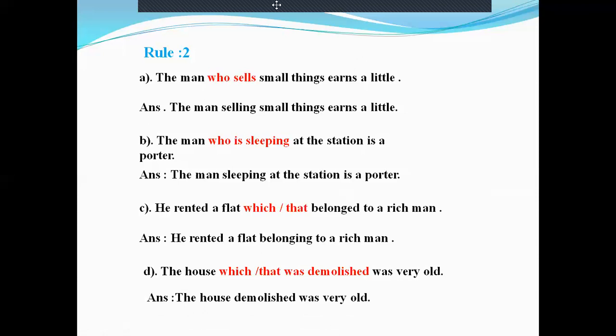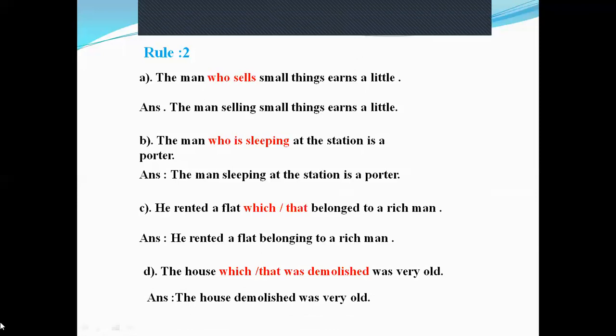That's all for relative pronoun. Now rule 3. Sorry, there is another example. We took an ambulance which or that was parked on the road.